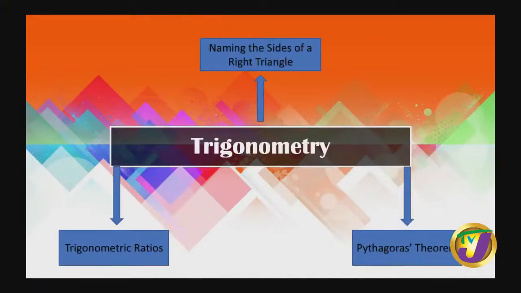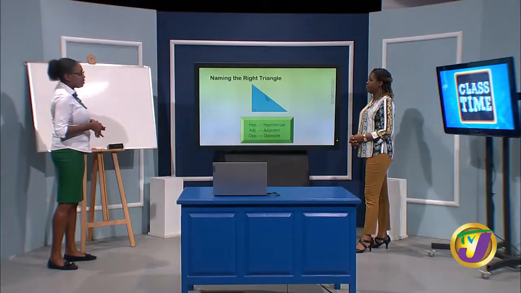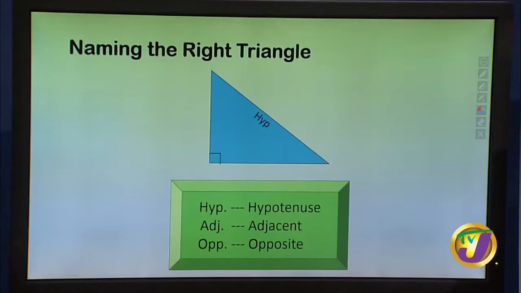So we just mentioned that the side opposite to the right angle is known as the hypotenuse side. And as Nikisha said earlier, depending on the location of the angle, we're able to name the other two sides, in relation to the angle.